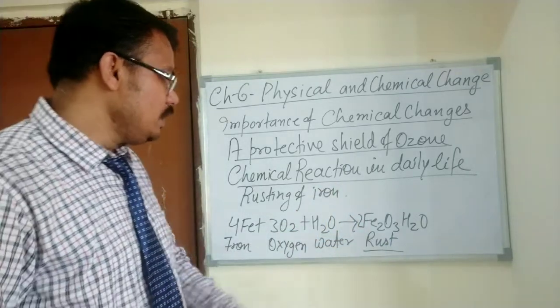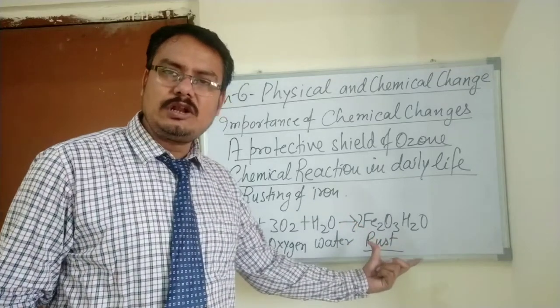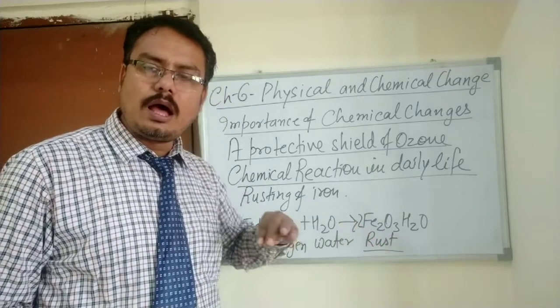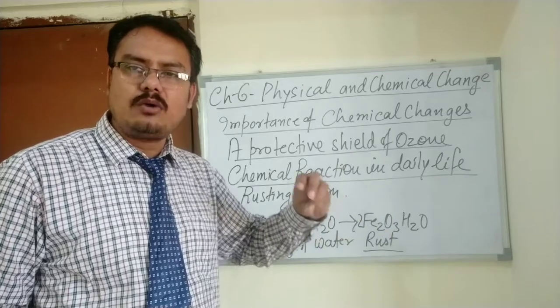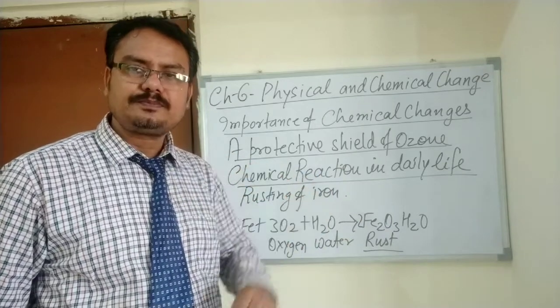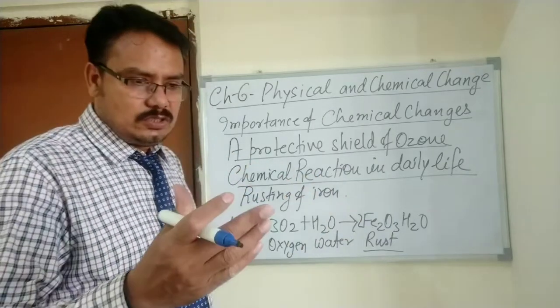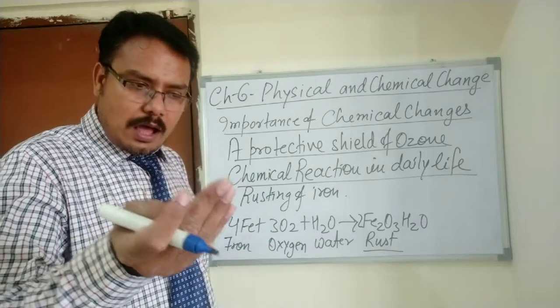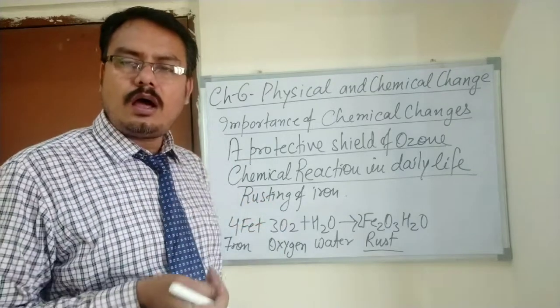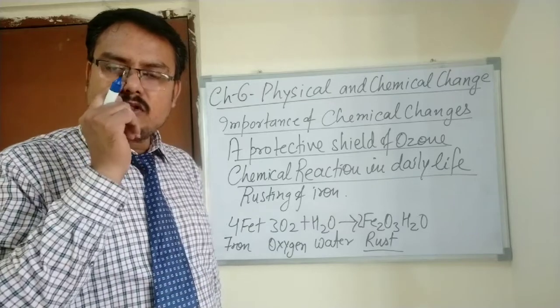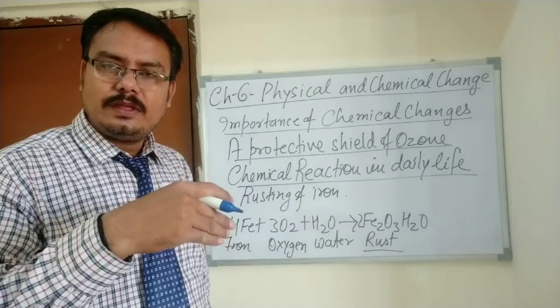So student, what you see is that rust has been generated on that iron surface, a reddish brown powdery substance formed from the upper layer of the iron object. It has not come from anywhere else.